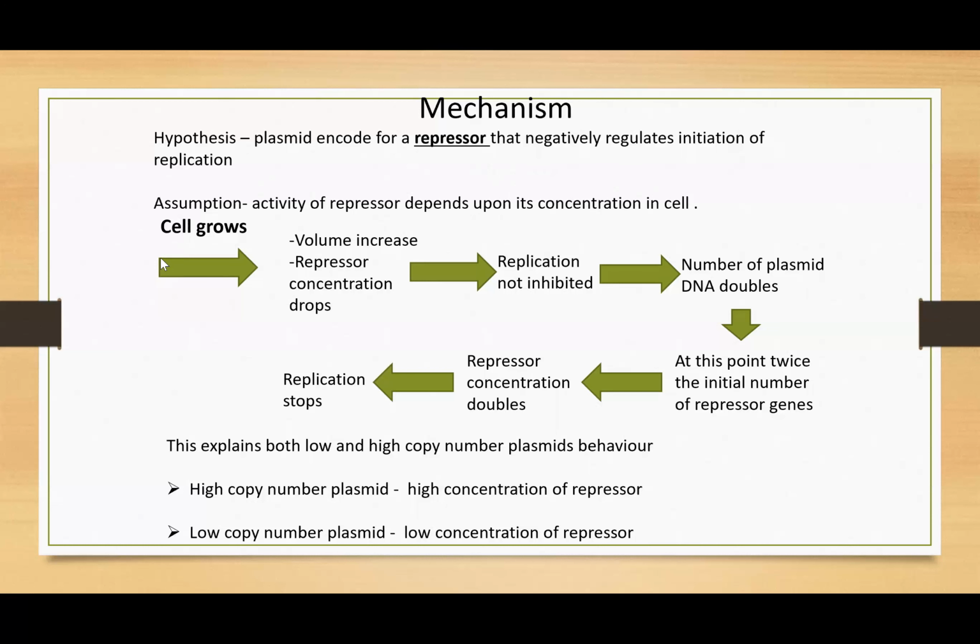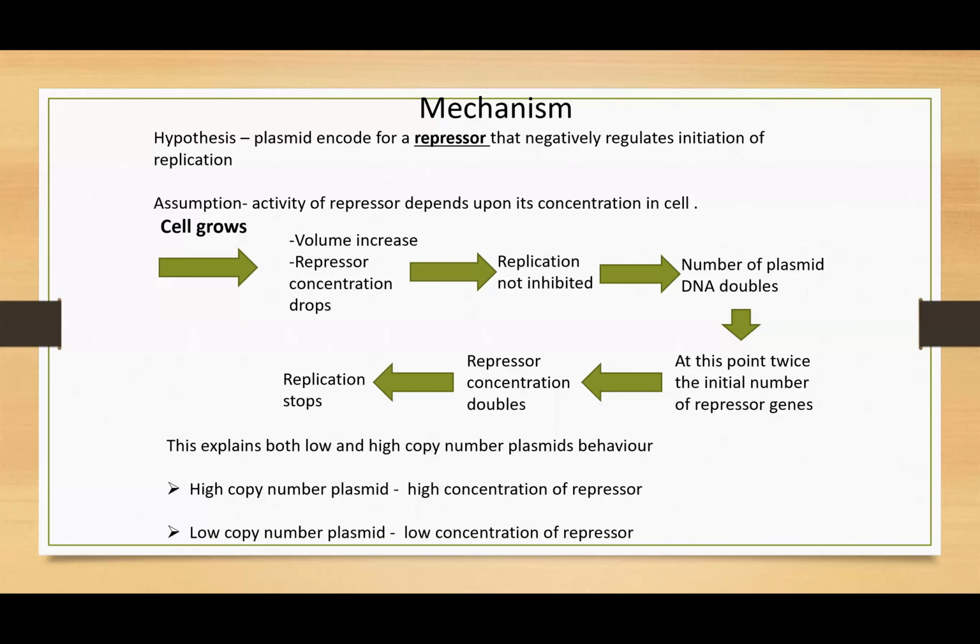So what happens for any cell to divide, whether it is prokaryotic or eukaryotic? First, that cell increases in size. The cell size increases, and then the cell components also double, whether it is the DNA amount or the other cellular components.